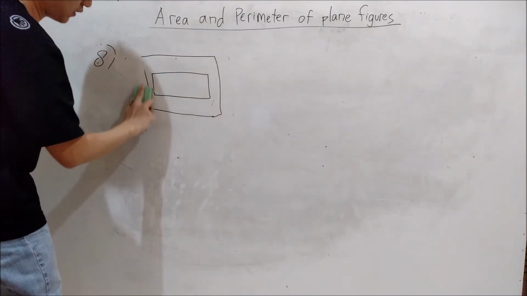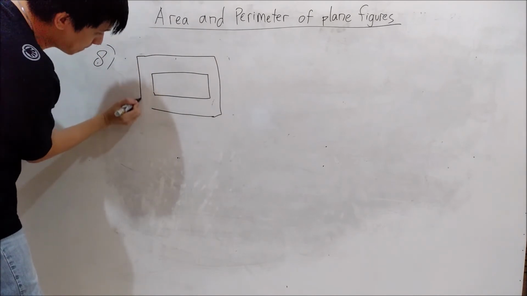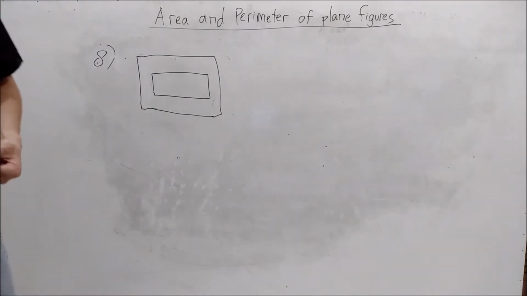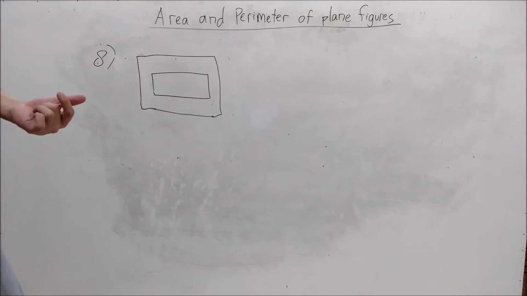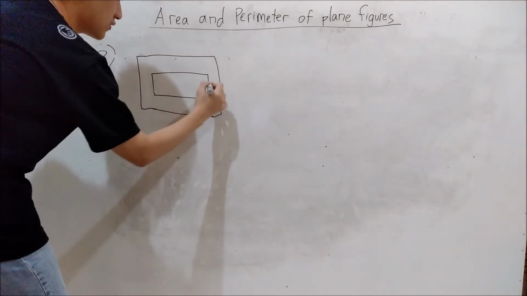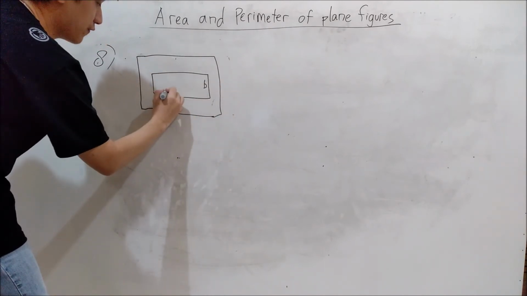I need to make it a little bigger so that I can write a number there. As you can see from the question, the field has a length. So this will be the breadth, and this will be the length of the field itself, okay?